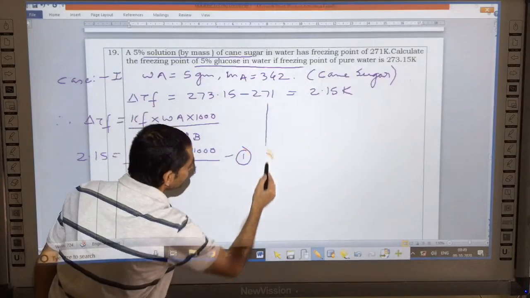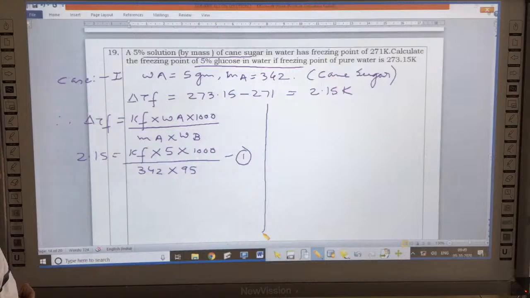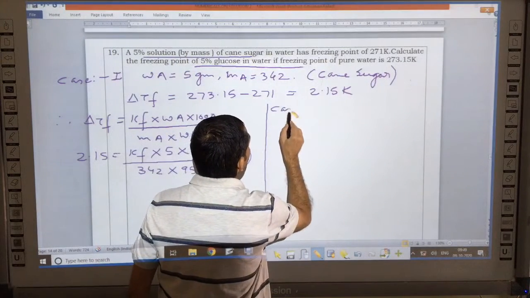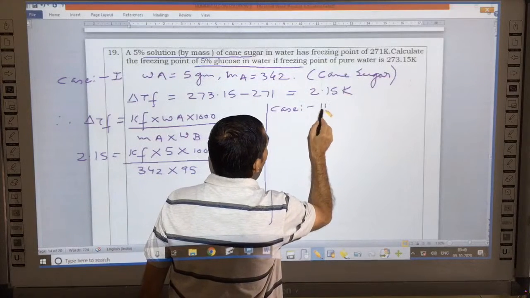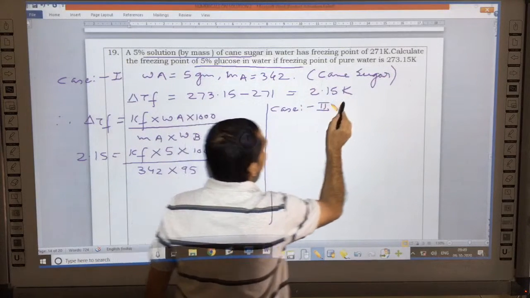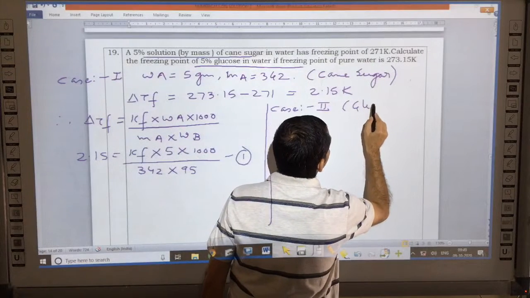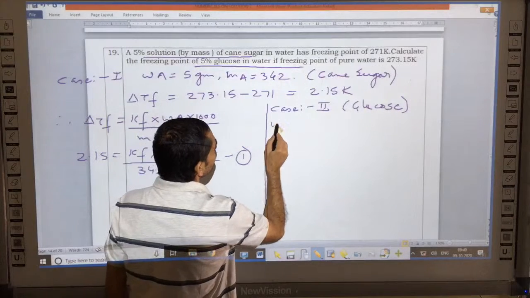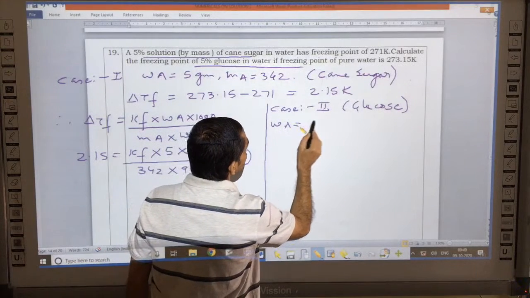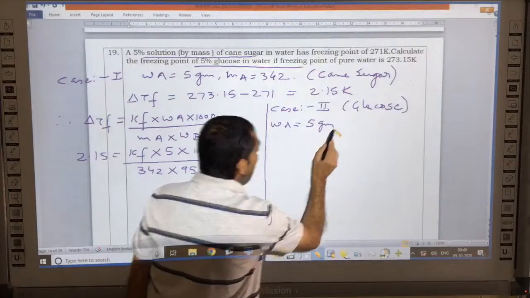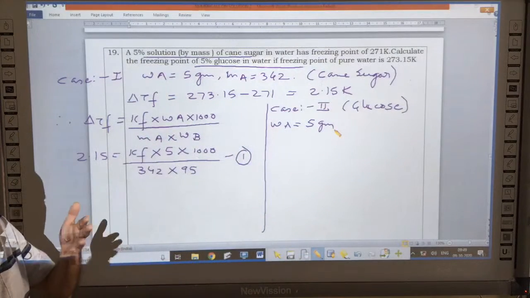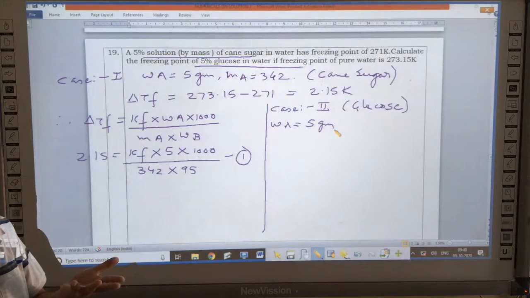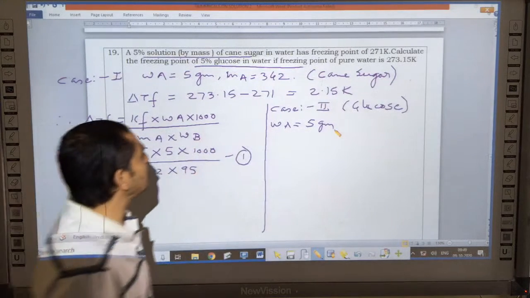Okay, similarly, you frame the same equation for glucose, case 2. Here I am writing case 2. Okay, this case 2 is for glucose. 5% means 5 gram of glucose is present in 100 gram of solution. So what is the mass of solvent? 95. WA is this.